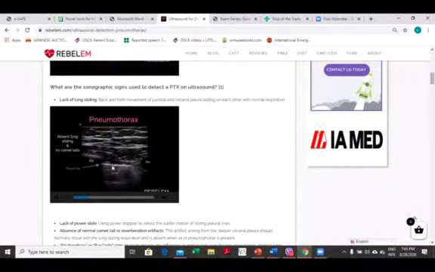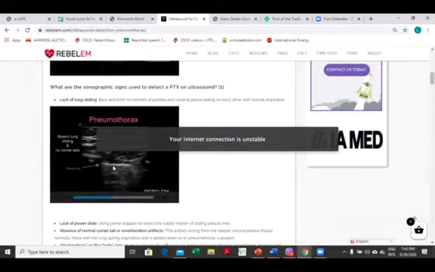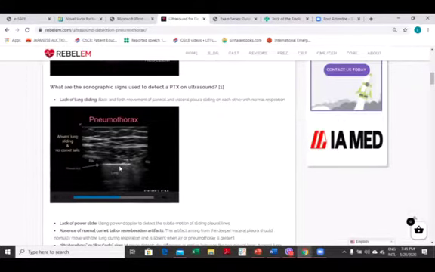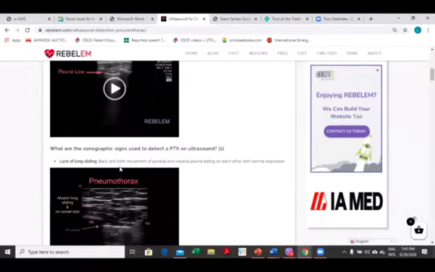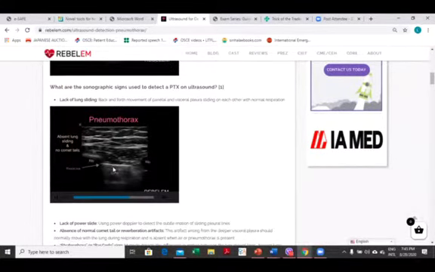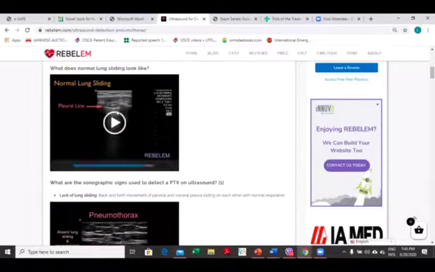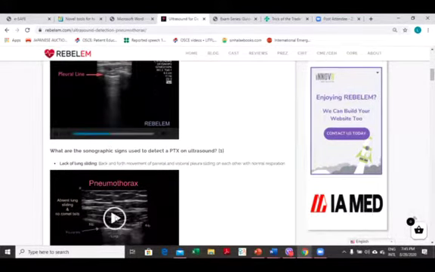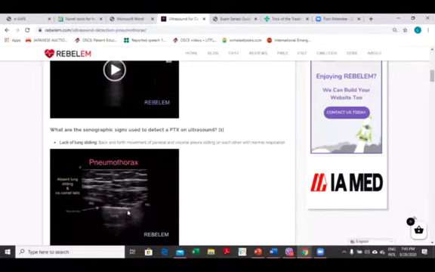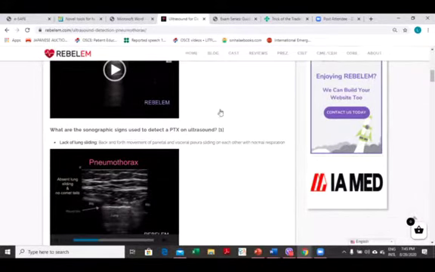Here, there's no relative movement. Can you notice the difference? Here, there's no movement between two layers. Here, there's relative movement. Can you see? Here, no relative movements. Okay.